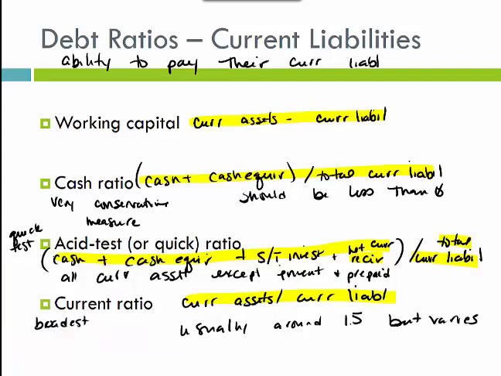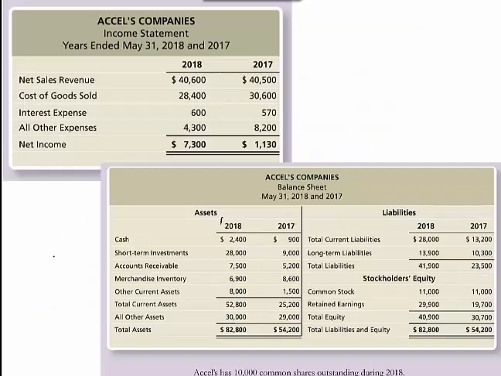Okay, so for almost all the problems I'm going to do in this chapter, we have two income statements, and they'll show up in your problems. You might want to have these handy. I'm going to try not to flip back and forth too much because I'm afraid I'll make everybody motion sick.